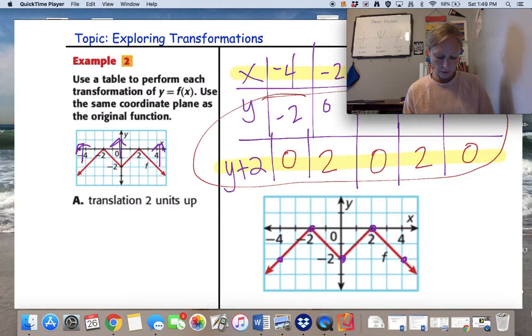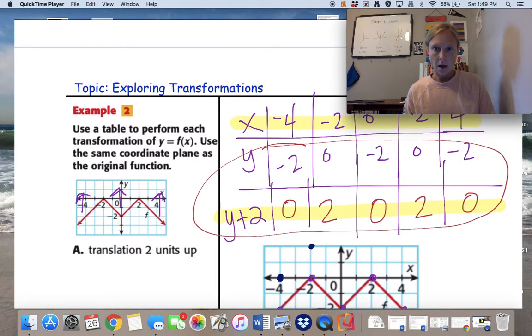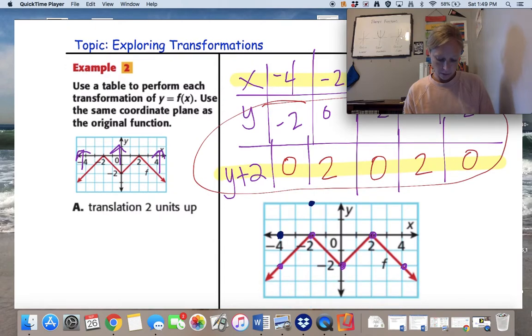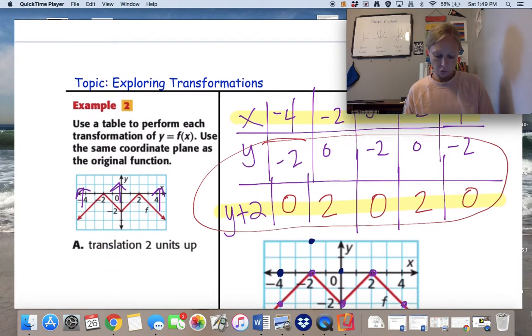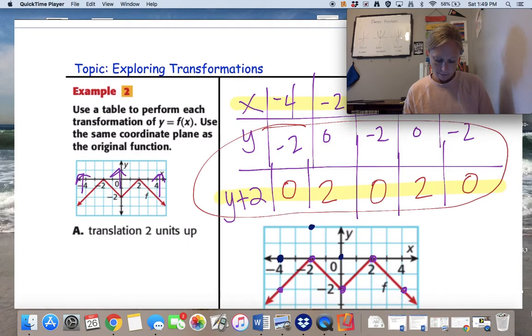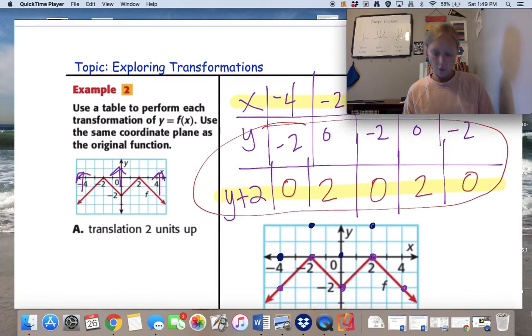So over -4, up 0. Over -2, up 2. Over 0, up 0. 2, 2 is my next point. And my final point is over 4, up 0.